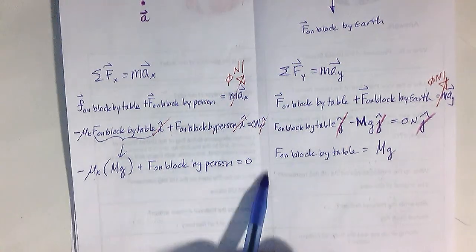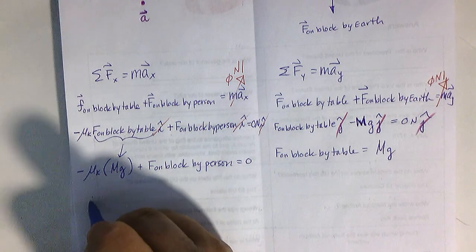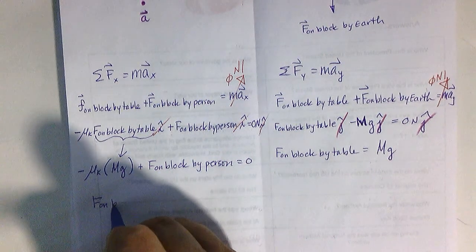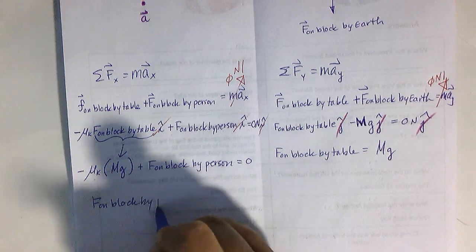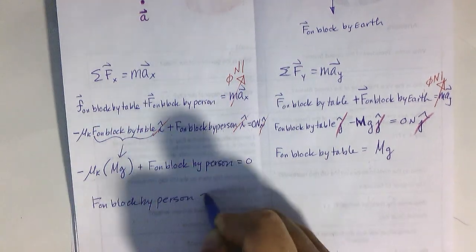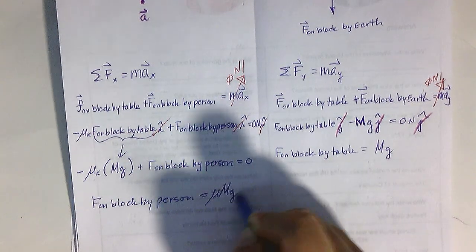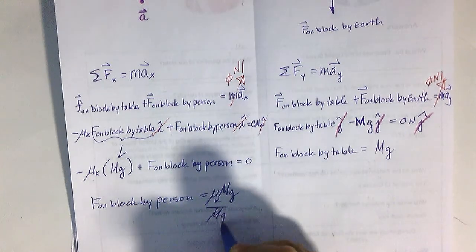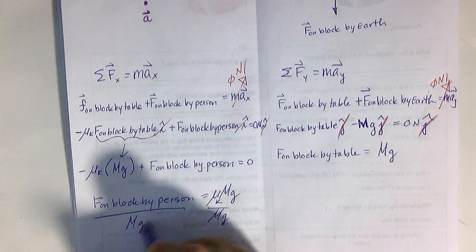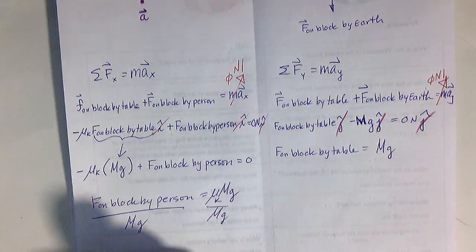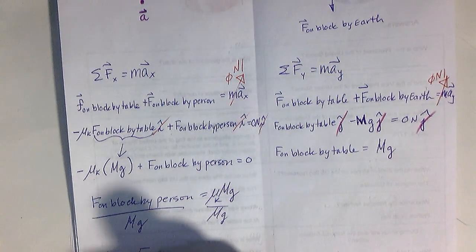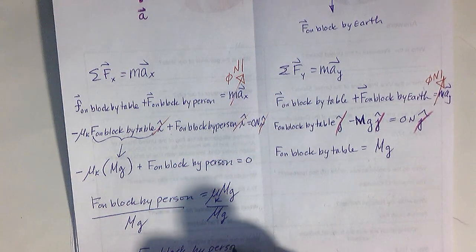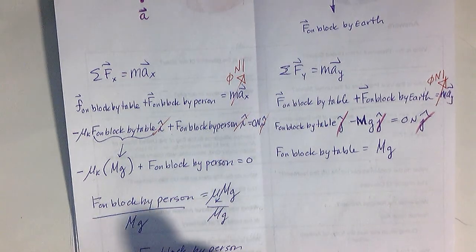I'm going to take this over to the other side, and I have force on block by person is equal to mu sub k, capital M g. I'm going to divide both sides by mg, and then mu sub k is equal to the force on block by person divided by mg.